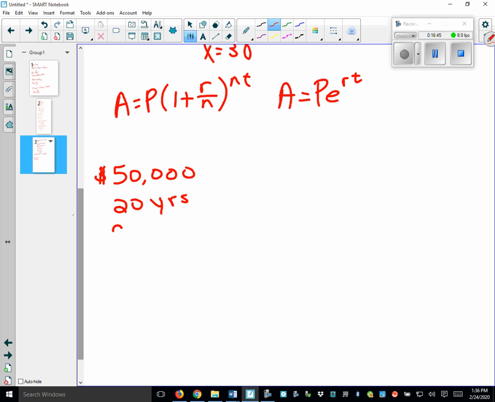It's compounded quarterly, and grows to $104,000. Find the interest rate. You all know how to set it up?